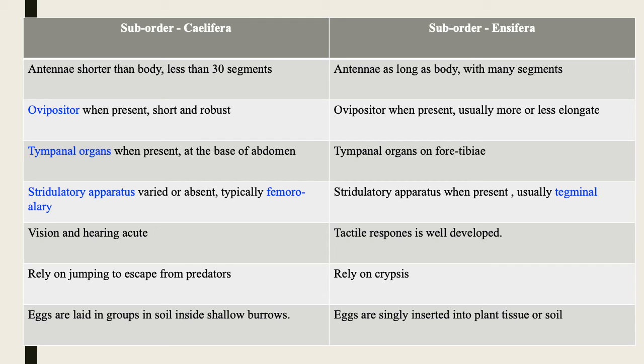It includes short-horned grasshoppers and locusts. Examples are Locusta migratoria, also known as the migratory locust, Schistocerca gregaria, which is known as the desert locust, Hieroglyphus banian, and Patanga succincta, which is known as the Bombay locust.